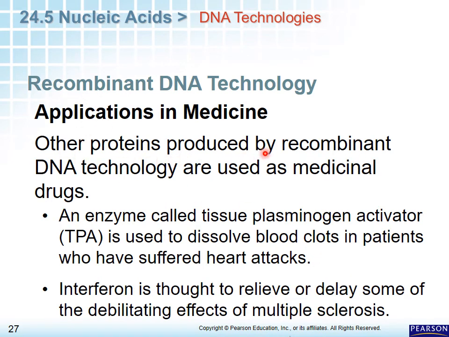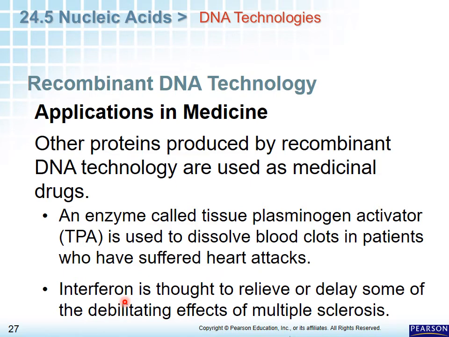Other proteins produced by recombinant technology are used as medical drugs, such as an enzyme called tissue plasminogen activator (TPA), which is used to dissolve blood clots in patients who have suffered a heart attack, as well as interferon. Interferon is a protein that boosts the immune system.